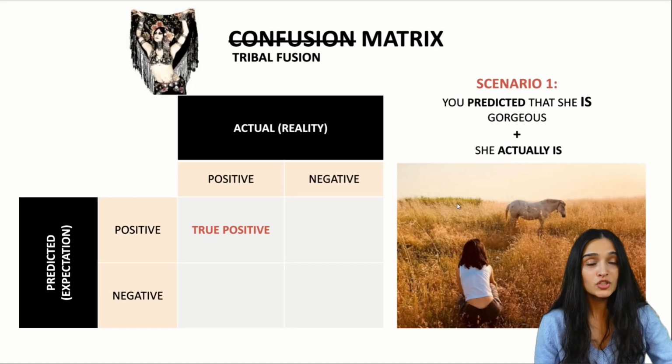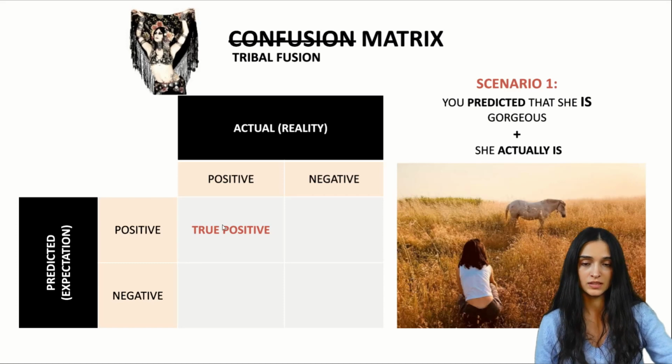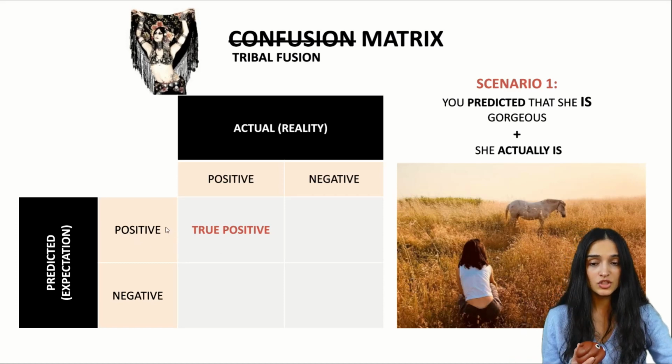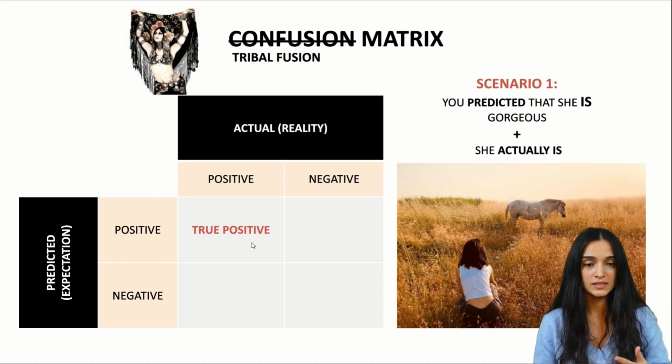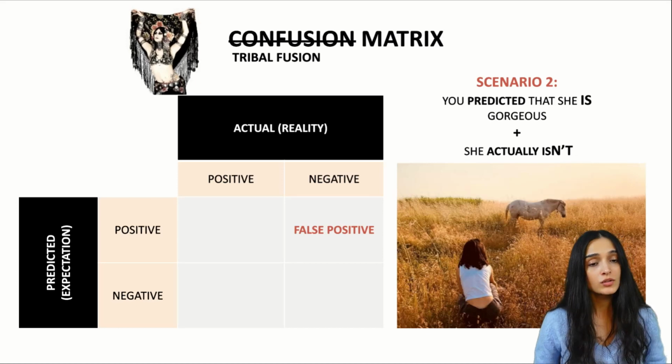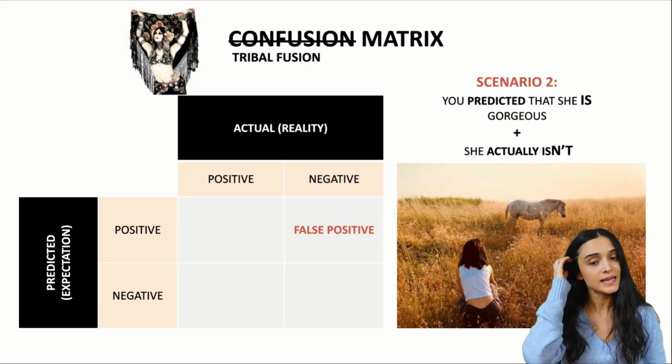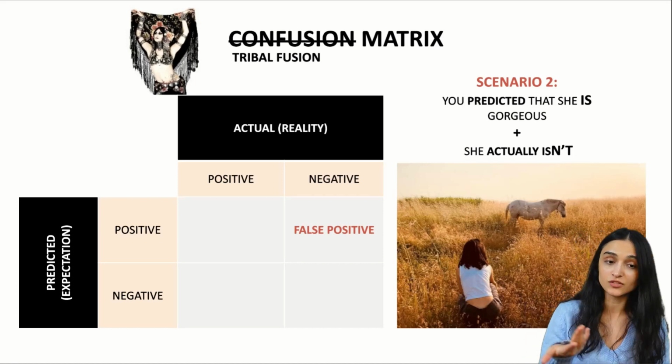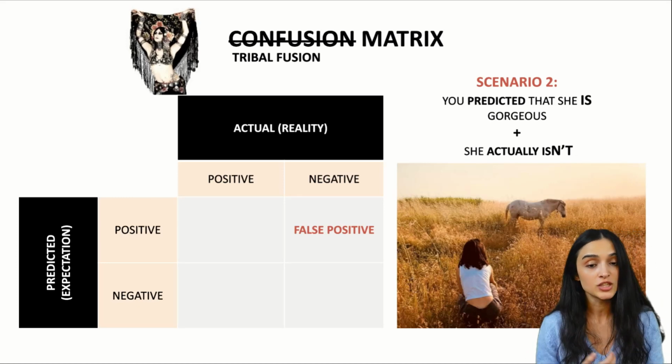And when she turns around and she really is gorgeous for you, you do have yourself a true positive, which means you thought that she was gorgeous and she is gorgeous. So you have positive and positive, which is giving you a true positive. When you go to scenario 2, let's state that you thought again that she is gorgeous, but she ends up like a witch.